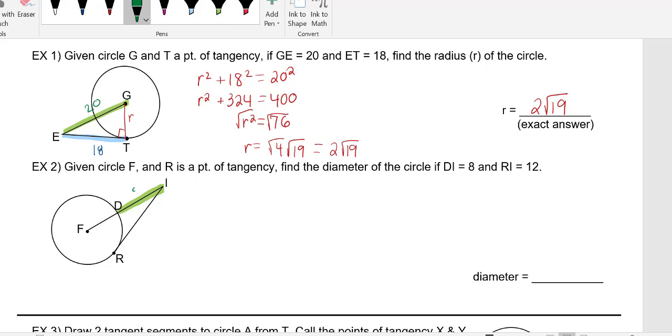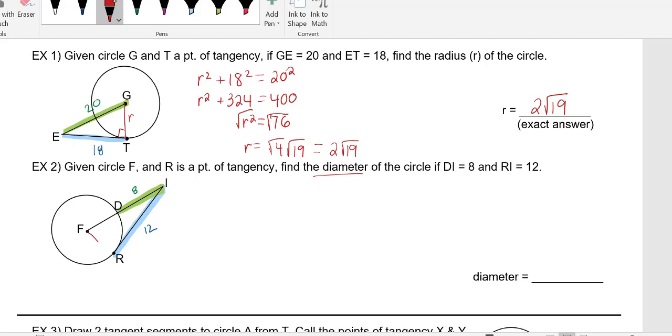DI is 8. RI, that tangent line, or tangent segment, is 12. We're asked to find the diameter, which really, right, we can find if we determine that radius.